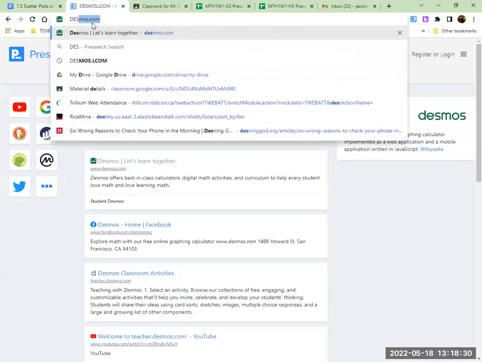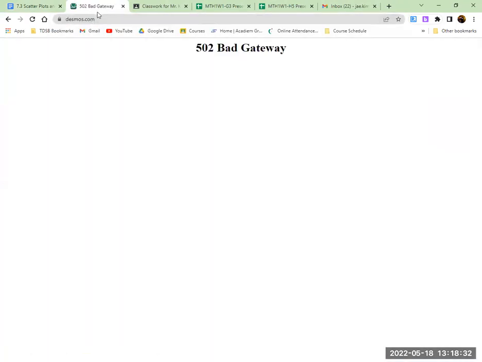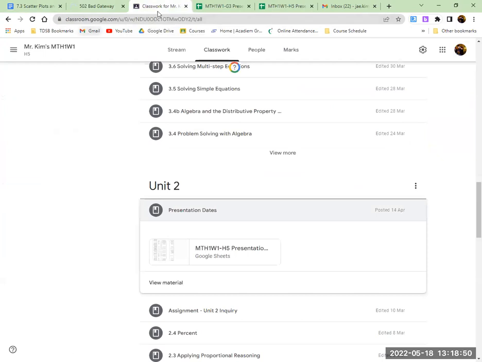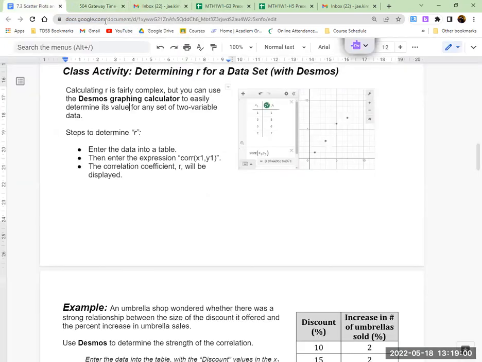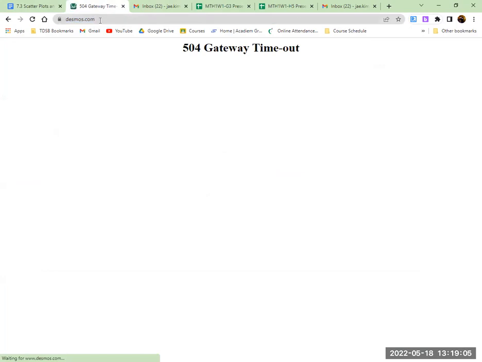Oops. Why is it bad gateway? It does that. Yes. Are you serious? Internal means it's on their side. Timeout, yeah. No, Desmos. Why, Desmos? Dang.